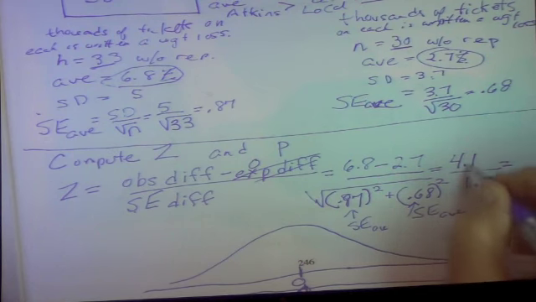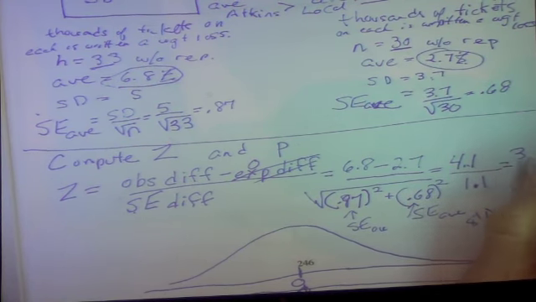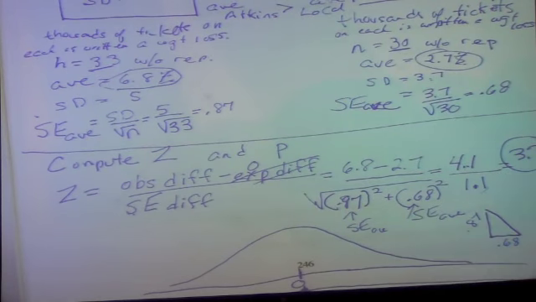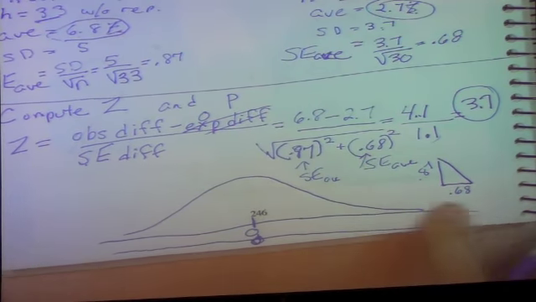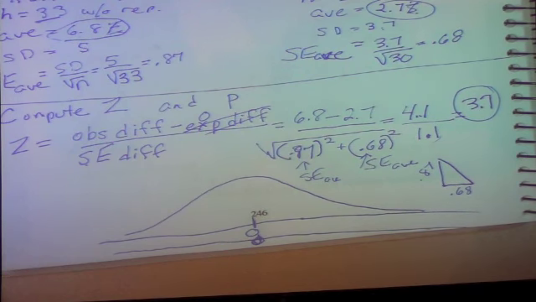And then when I divide the 4.1 by it, it turns out to be 3.7 standard errors. That's our z-score. Now you look at that, and don't you know it's going to be way at the end of the curve? That's going to be highly significant.